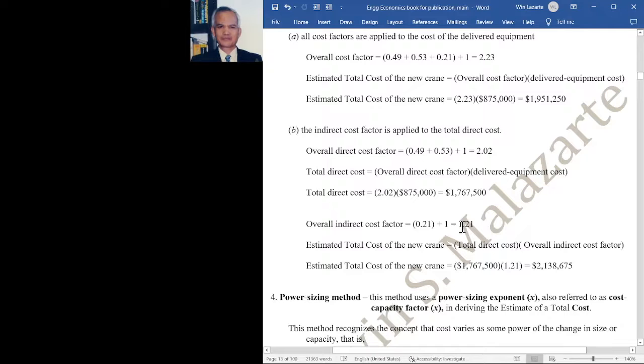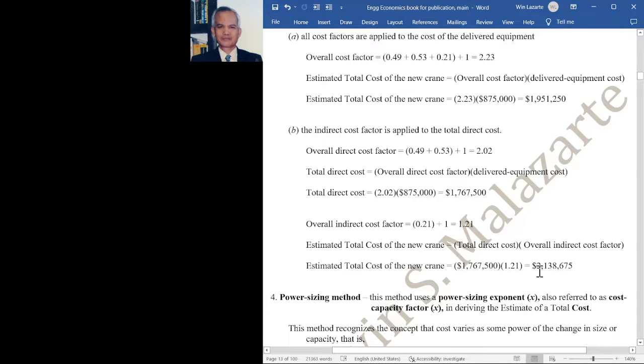Okay, now to get the estimated total cost of the new crane, we simply multiply this overall indirect cost factor to the total direct cost. Okay, and so we have this estimated total cost of the new crane.